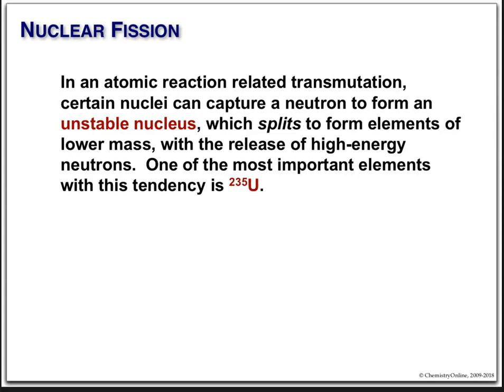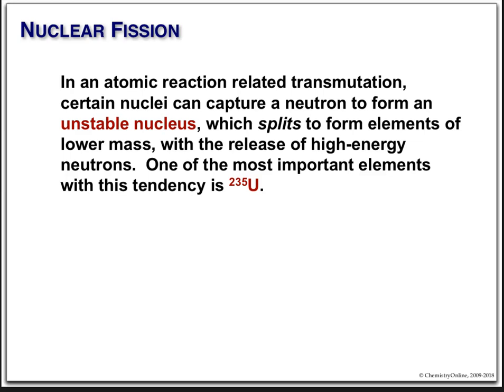As we've seen, we can take one atom and through radioactive decay, we can form a new element, a different element. We can do this transmutation lots of different ways. One of the most dramatic ways is neutron capture.